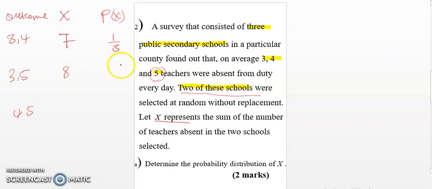And we are looking at 3 public schools, so it is 1/3. 4 and 5 will give us 9, and again we are looking at 3 public schools, 1/3. So this will be our probability distribution table. Of course, we are trying to determine the probability distribution of X, so this table will answer the first question.